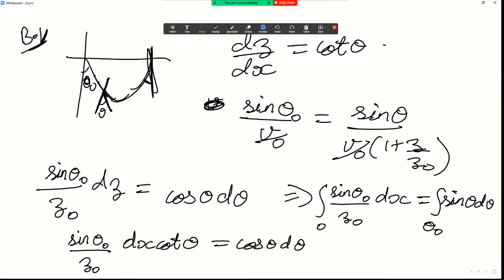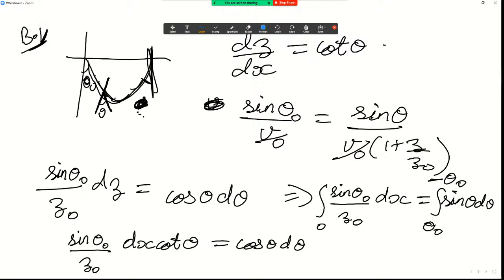For 0, I have theta naught, but for this, I don't have any limit. Should I put minus theta naught? As they have given a circular arc, we can assume. But if they have not, then how can we prove that this will be minus theta naught only? I guess you can prove that it's a circle.